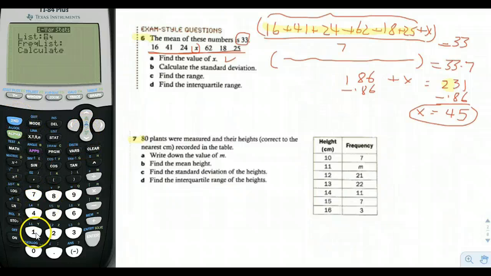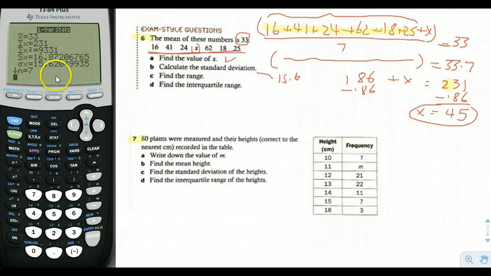I think I put it in L1. And then we'll check all these. So we're looking for the standard deviation. So sigma x is equal to 15.6.